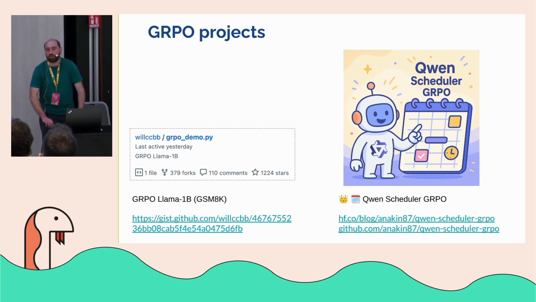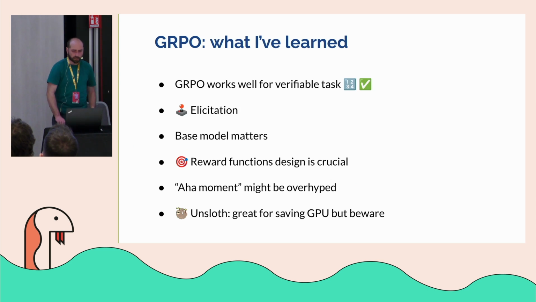Starting with a new problem forced me to set up this problem, to design reward functions, and then train the model, and see, after several iterations, that it improved. But I also learned several things I want to share with you about GRPO.